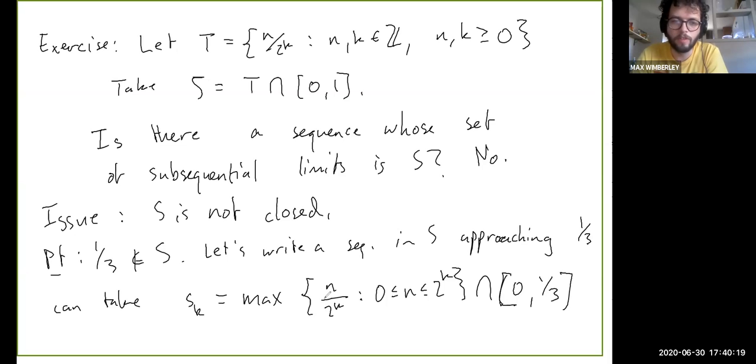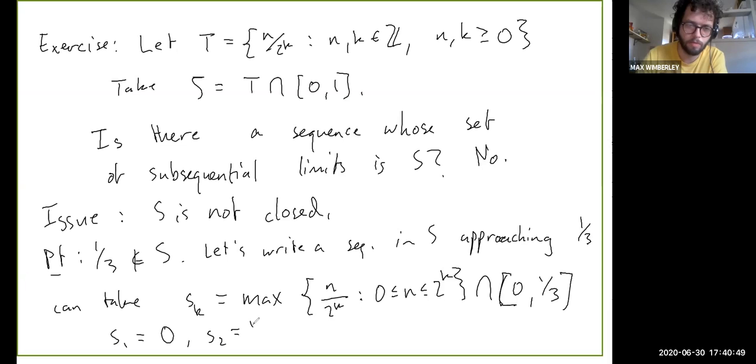So all I'm saying is, S1 would be 1/2. Or no, what am I talking about? No, S1 would be 0. Sorry. But S2 would be 1/4, right? So 1/4 is the biggest multiple of 1/4 less than 1/3.